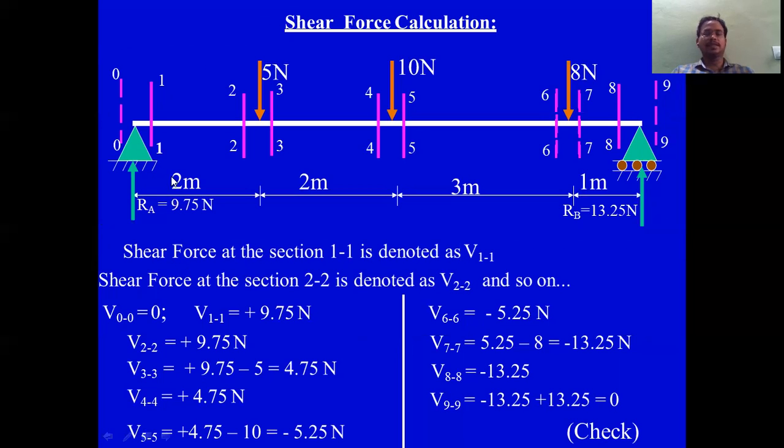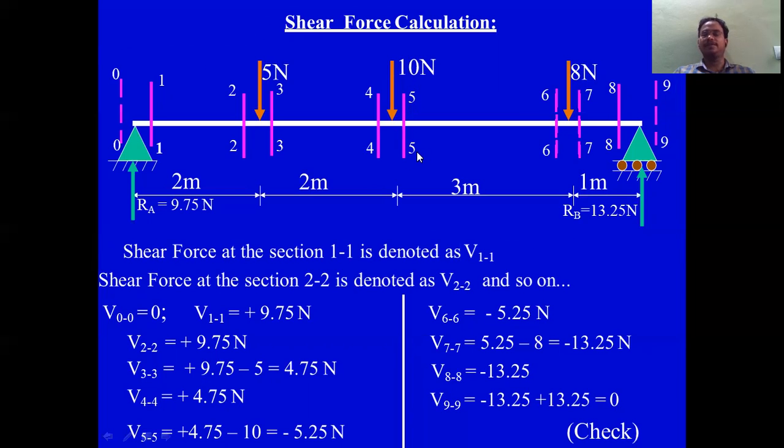We need to consider different sections near the loads and the supports. We need to take the sections and analyze them for the shear forces. Now we have section 1-1 near A, 2-2 near 5 on the left, 3-3 near 5 but on the right side, and 4-4 on the right of this 5 Newton, near 10. 5-5 is to the left of 10, and 6-6 to the right of 10.